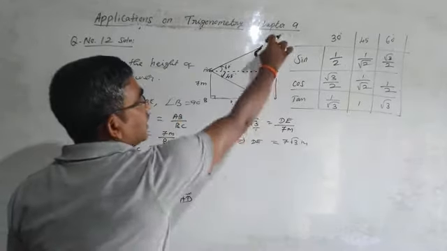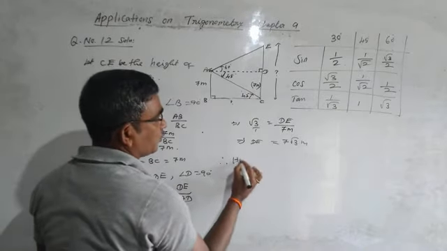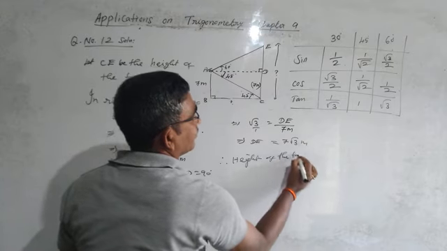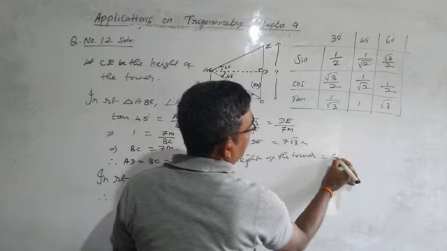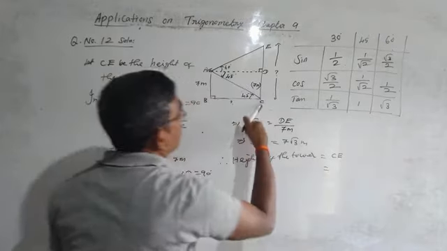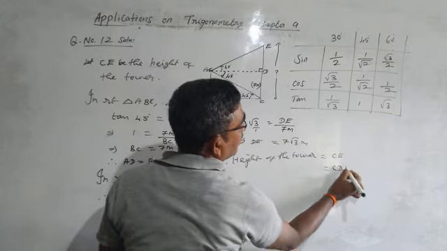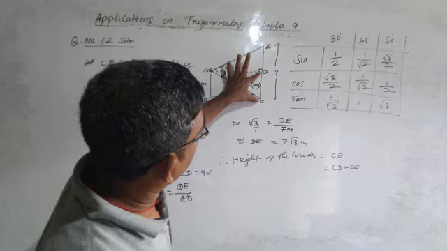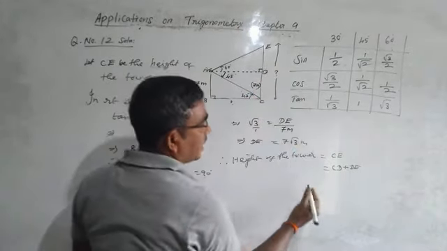So we want the CE value, because CE is the height of the tower. The height of the tower equals CE. CE equals CD plus DE, because CE has two parts, CD plus DE, added together.